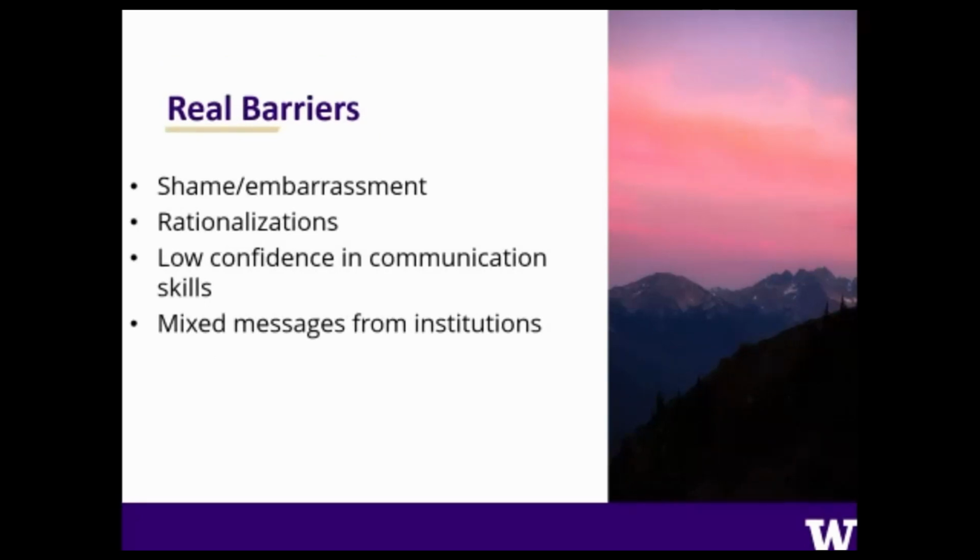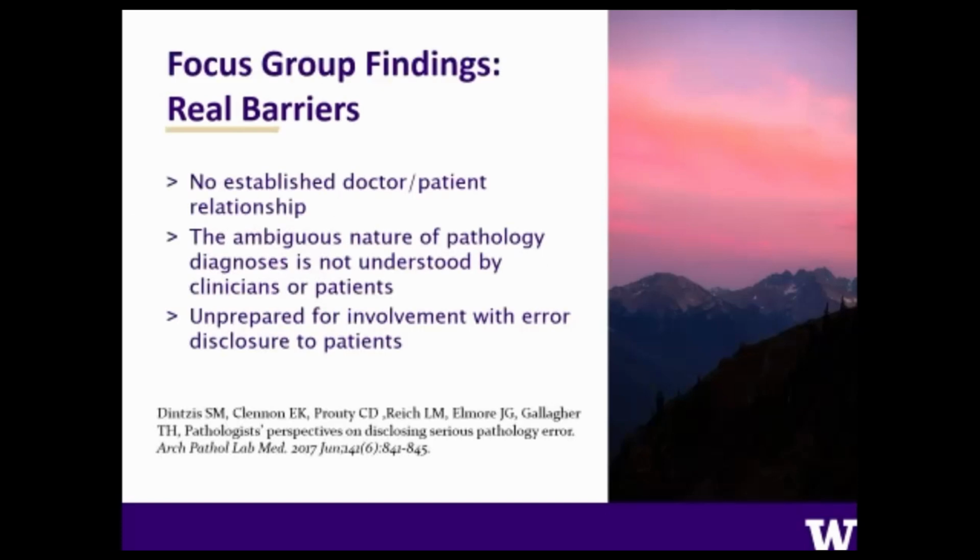And when we talked in focus groups to laboratorians and pathologists, it came out pretty clearly that the real reasons that we're not disclosing is because of shame, embarrassment, rationalizations, low confidence in communication skills, and some remaining mixed messages from institutions.